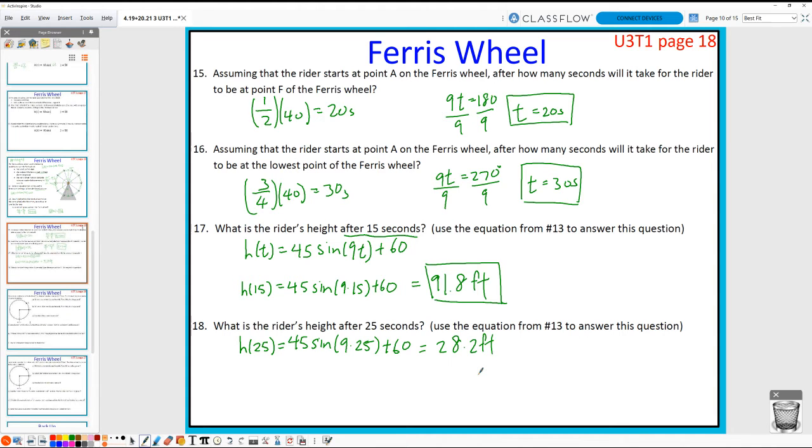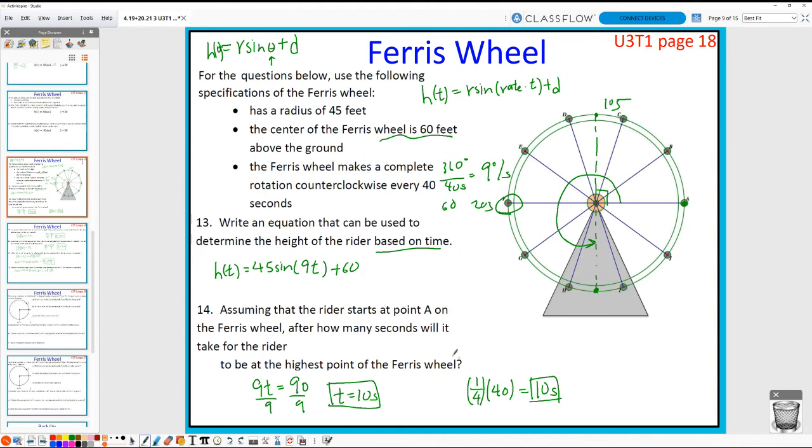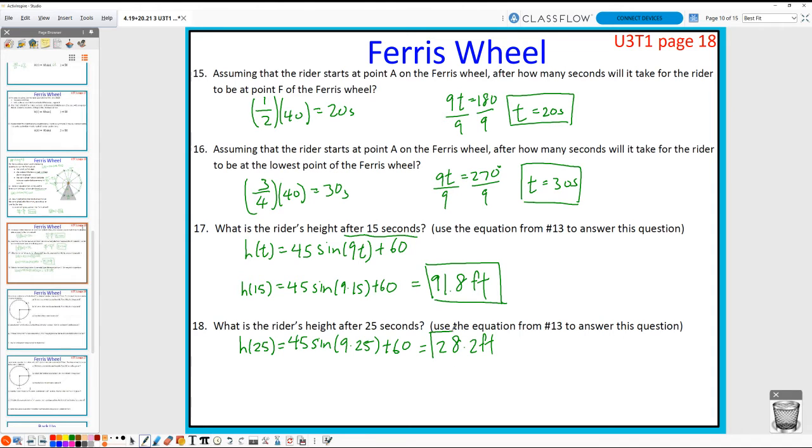Once again, where is 25 seconds? I know that down here is 30 seconds and 20 seconds is here, so this time I'm somewhere in this region. 60 minus 45 is 15 feet, and 28 is between 60 and 15. So again, this doesn't guarantee that it's correct, but it makes sense.